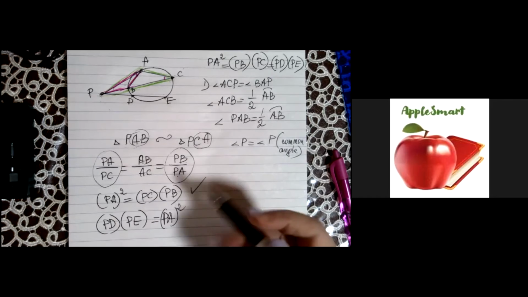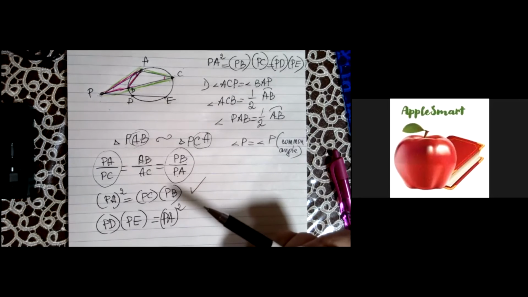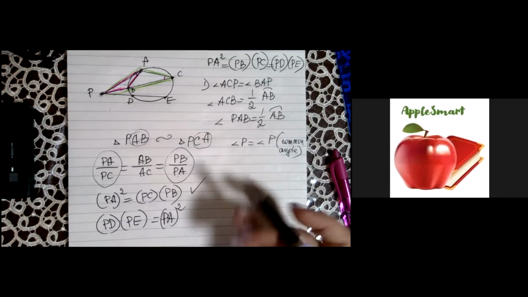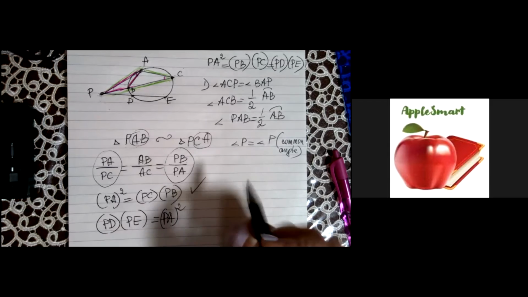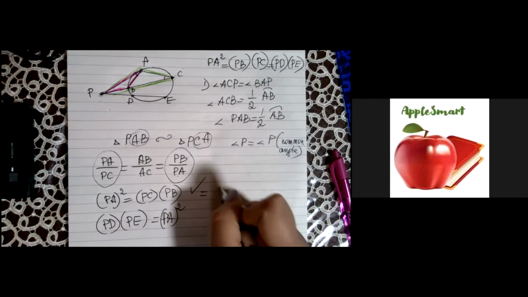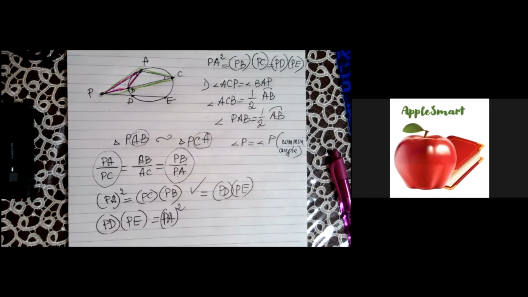And we already know PA squared is equal to PB times PC. Therefore, we can say that all three of them are equal. So from here, we can conclude that it will be the same as PD times PE. And that proves it all.